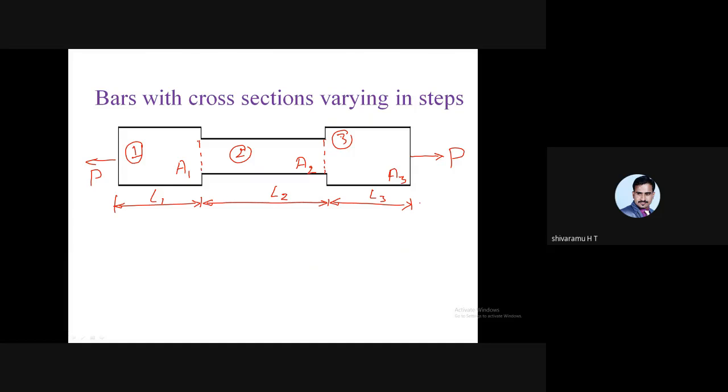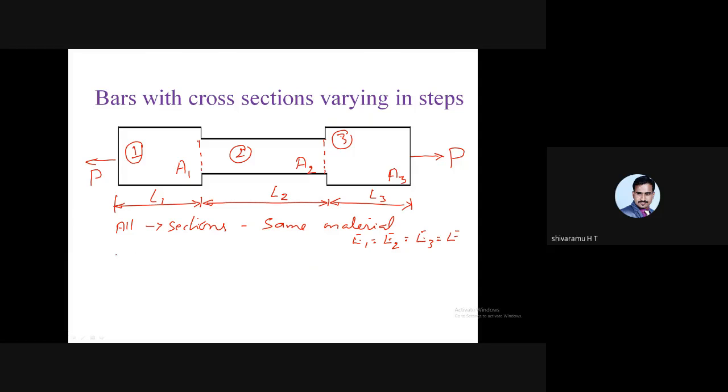Young's modulus we can take as E1. If all the sections or portions are made of the same material, then you can go with E1 is equal to E2 is equal to E3 is equal to E.